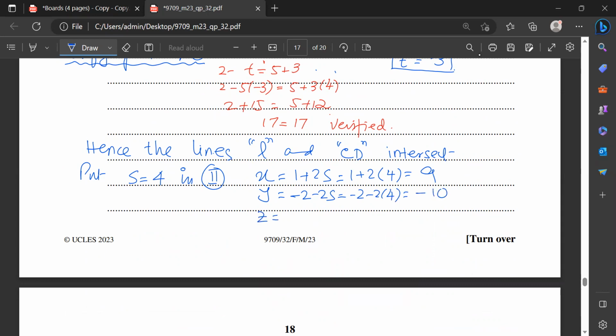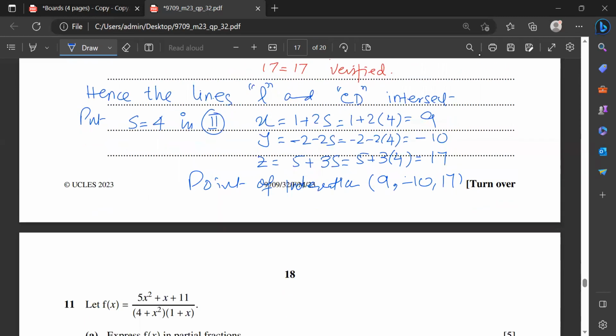And z is equal to 5 plus 3s, 5 plus 3 into 4 equals 17. So the point is 9, minus 10, 17, and this is the point of intersection.